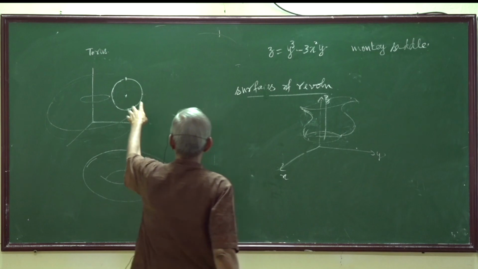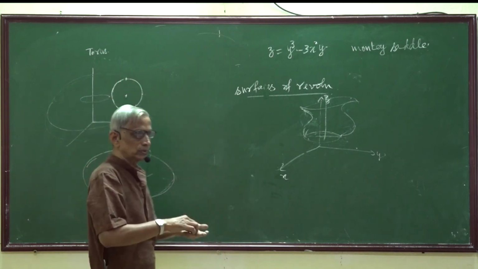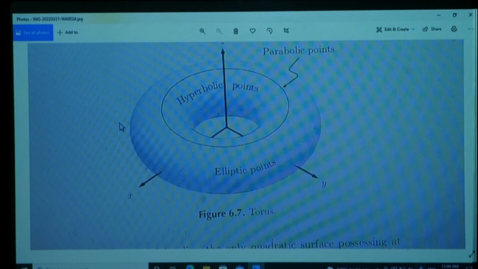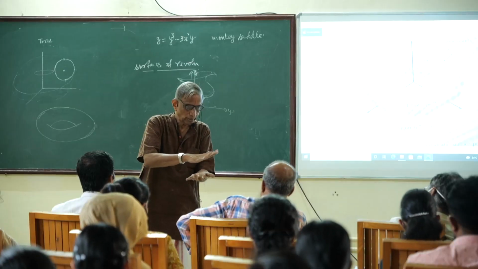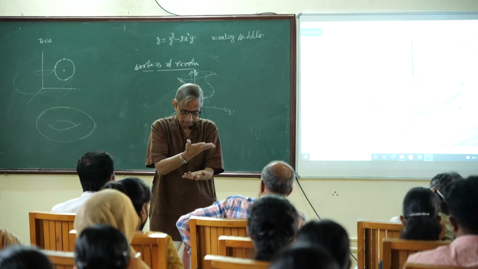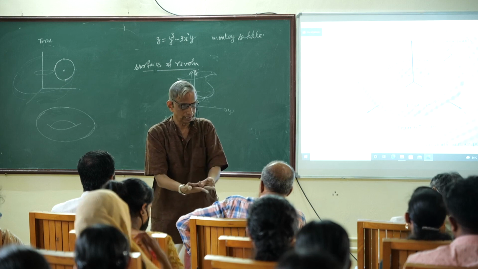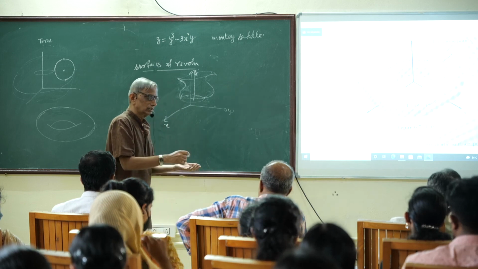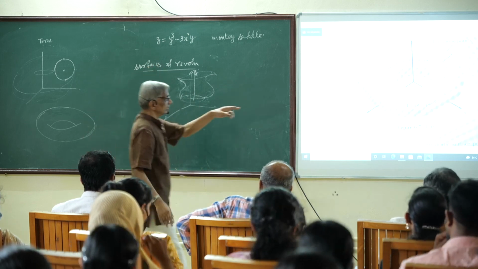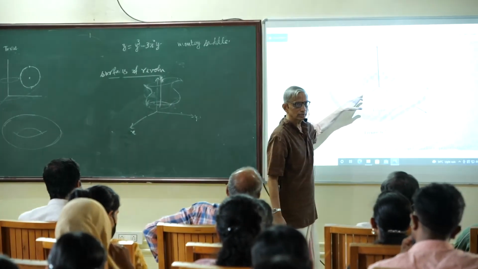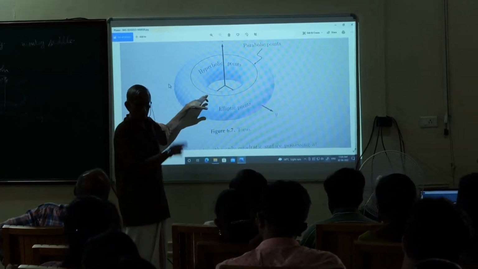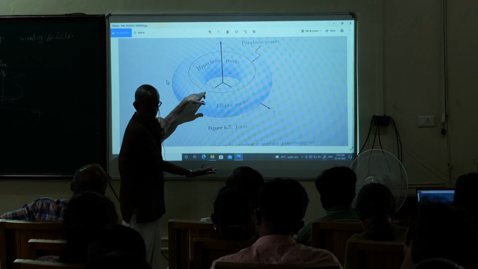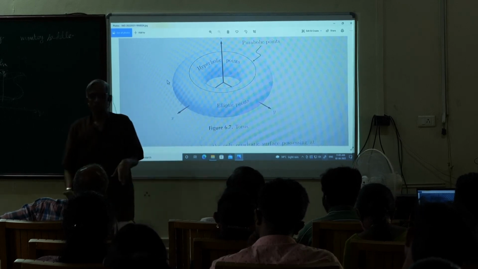And these two points, if you think of the torus as resting like this, like a play ring or whatever, the point of contact between the torus and the plane will be a circle. Similarly, on the other side, there will be a circle. So those are the circles here. This is the topmost circle of the torus, similarly the bottommost circle of the torus.